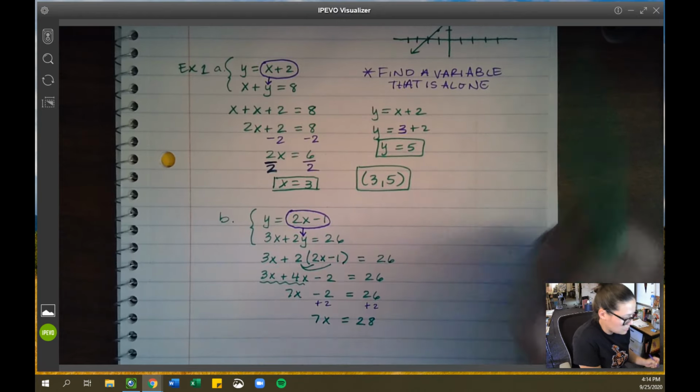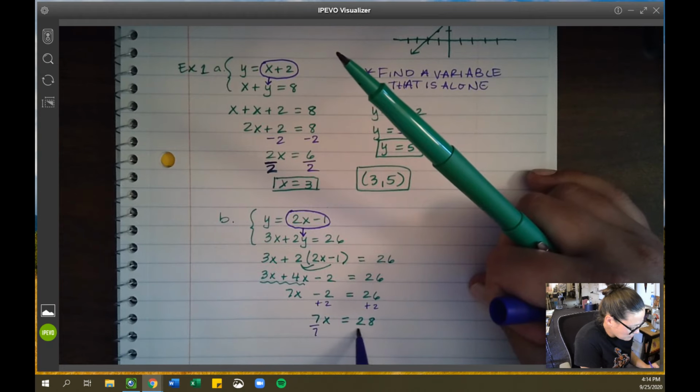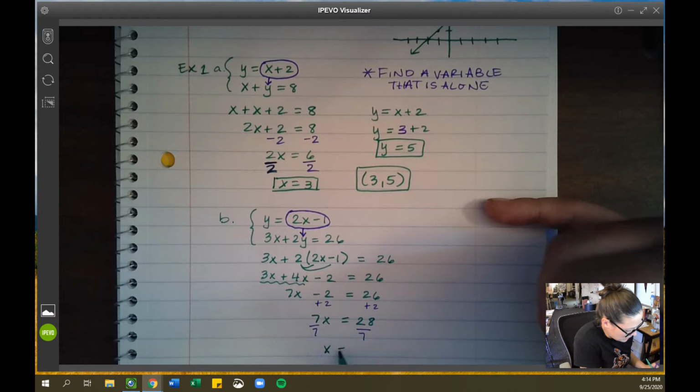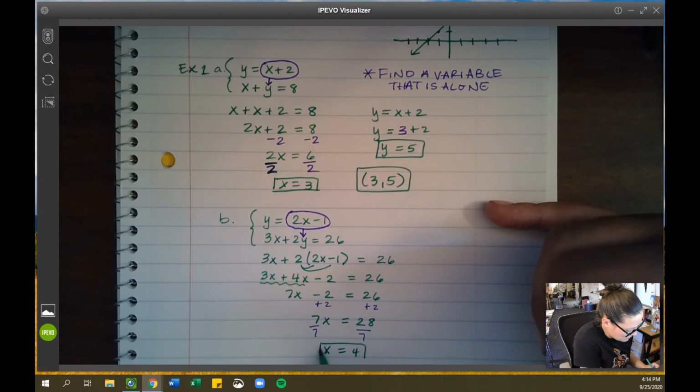Gives me 7x equals 28. Divide by 7. We get x equals 4.